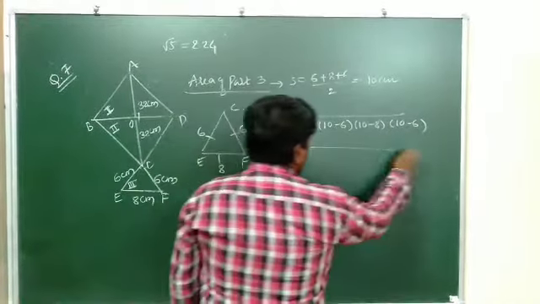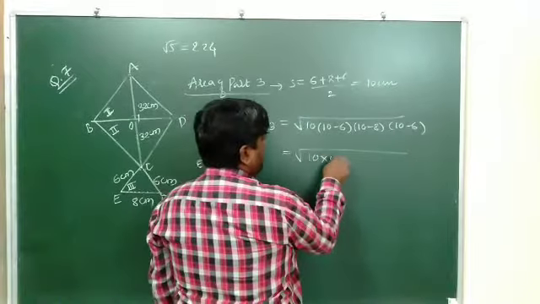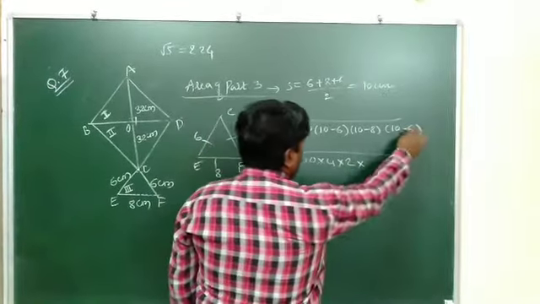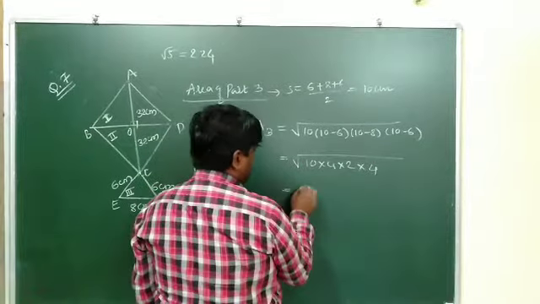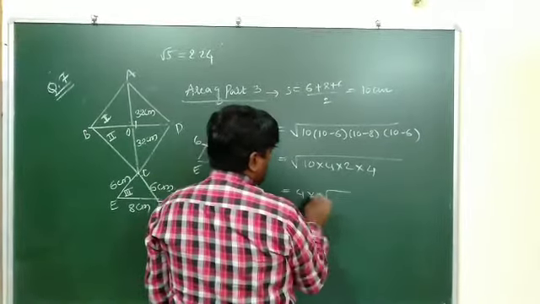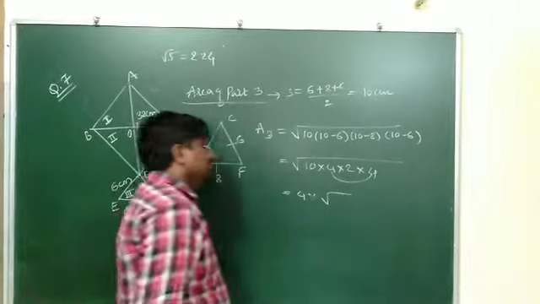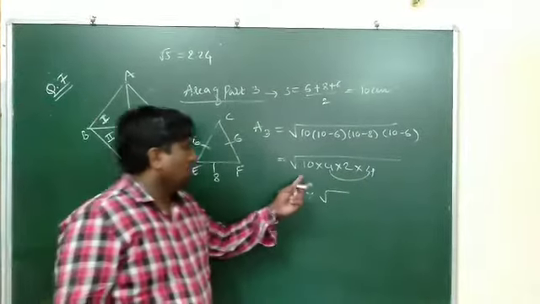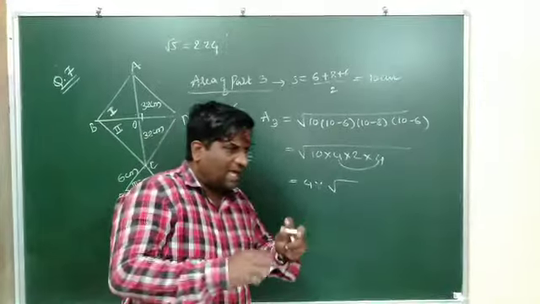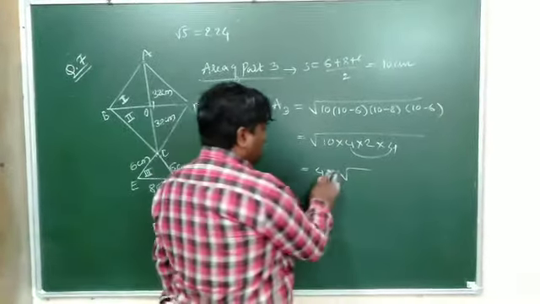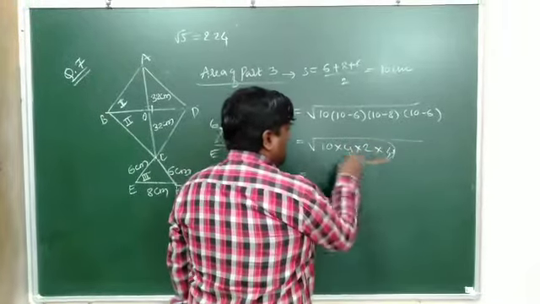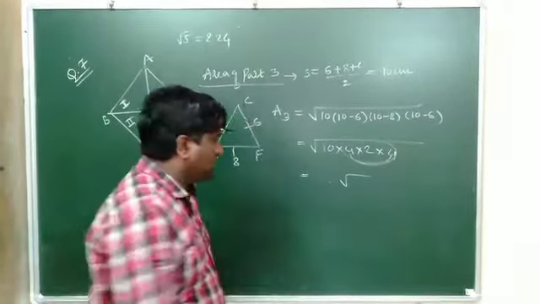So under root, 10 into 4, 2 and 4. You know the trick: a number has to appear at least 2 times, if possible, not forcefully. So here I am getting 4 two times.